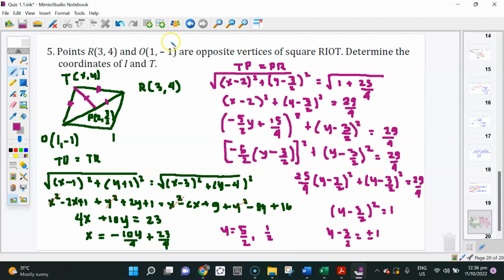Since we're after the coordinates, I don't have space, so let's do it this way. We saw earlier 5 halves and 1 half.